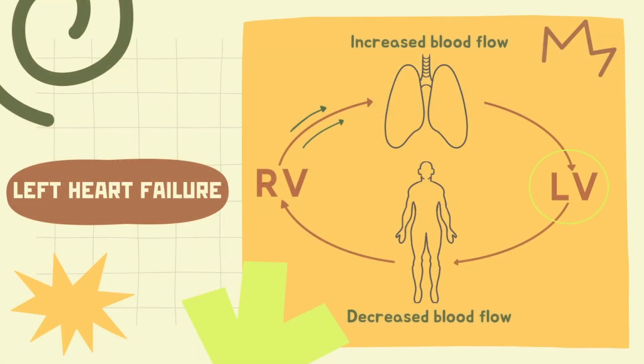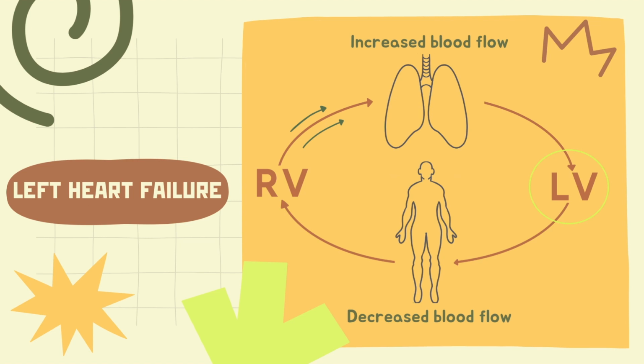Breaking it down into left and right heart failure, it'll be on two slides. Left heart failure is the most common type of heart failure. The left ventricle has decreased output, making the body have decreased blood flow. Since the right ventricle is still functioning, the lungs get increased blood flow.